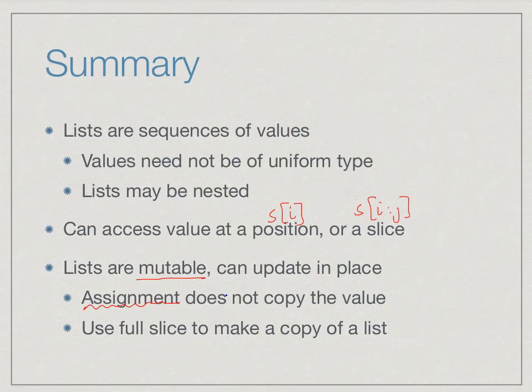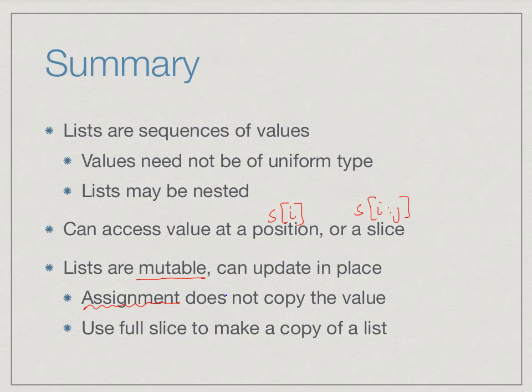For immutable values, the types we have seen so far, int, float, bool, and string, when we say x equal to y, the value of y is copied to x, so updating x doesn't affect y and vice versa. But when we have mutable values like list, if we say L2 is equal to L1, then L2 and L1 both point to the same list, and so updating one will update the other, and so we have to be a bit careful about this.